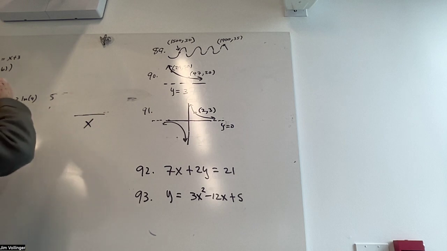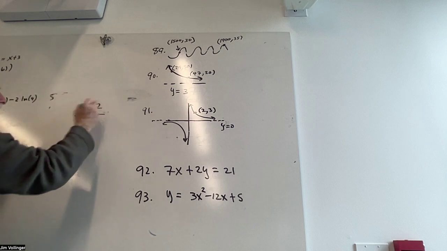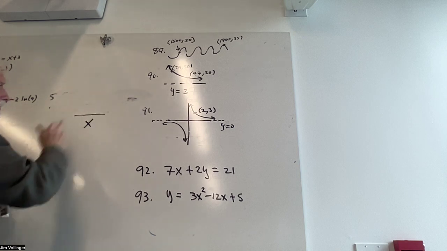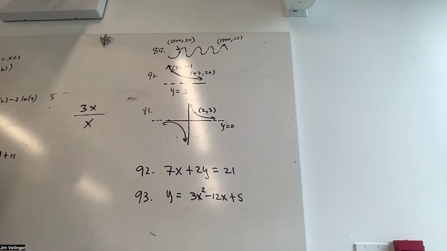I need x minus 2, right? And that wants to be a 3, so I need, the brain is really shutting down. Just 3x. And that needs to be 3x, so I put a 2 and I get 6.